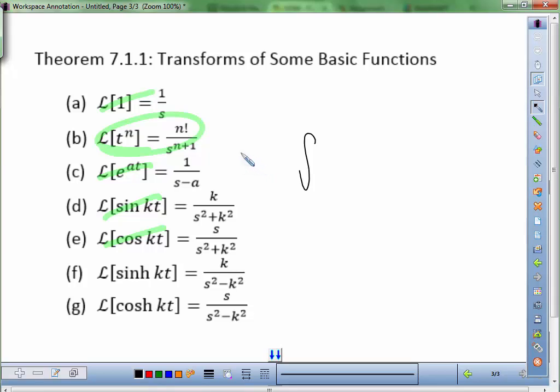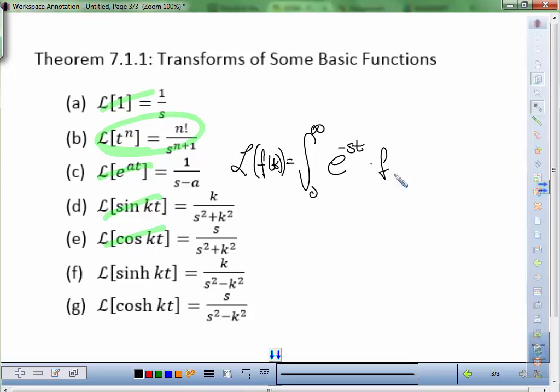So what is it? L of f is equal to the integral from 0 to infinity of what they call the kernel times your f of t dt, and then your output, all the t's would be gone, would just be a function of s. And this is it.